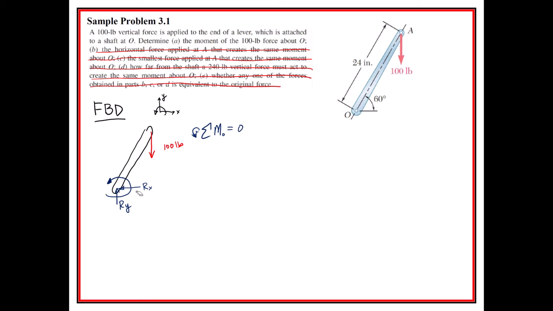So maybe I should have put him this way right here. This moment that I'll place right there, I'll just call M. So M is just the reaction moment. I'm not going to give it an MO because I don't want it to be confused with this.